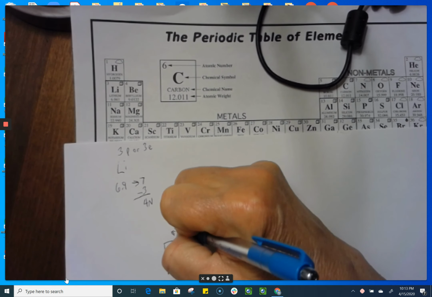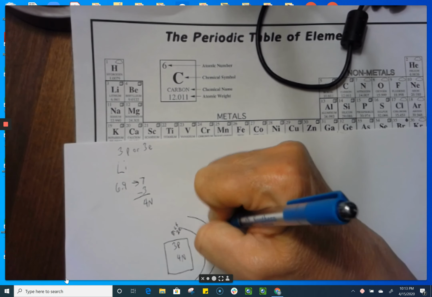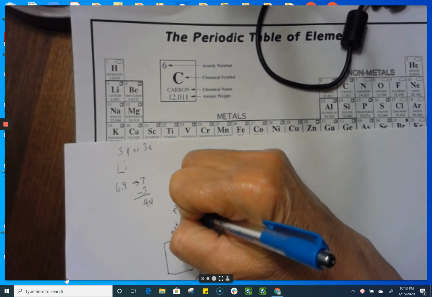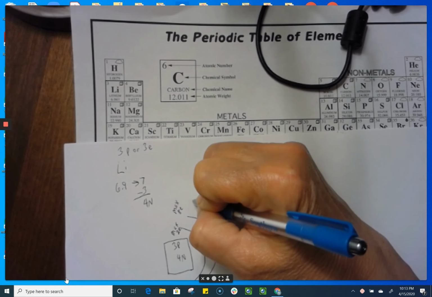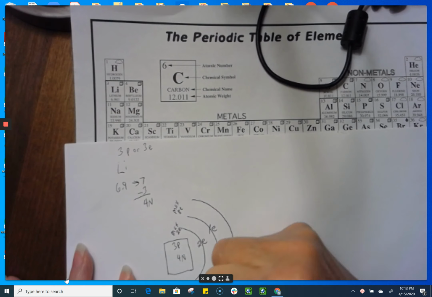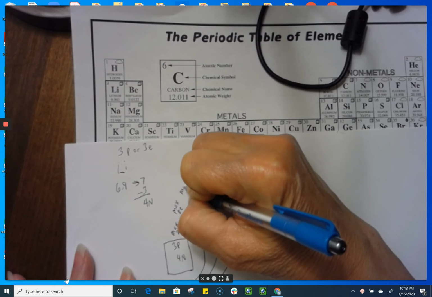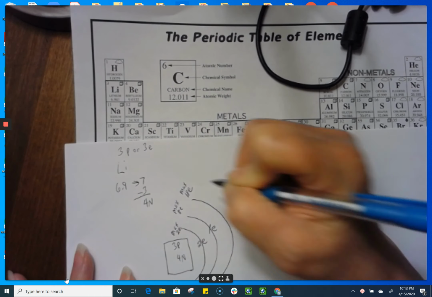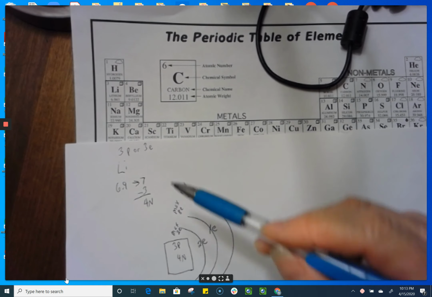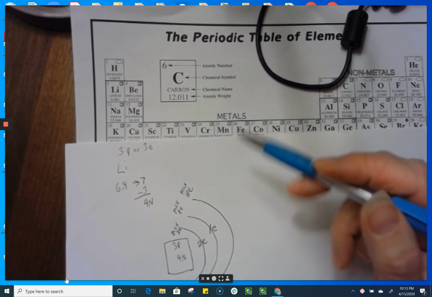This first energy level maxes out with 2 electrons. The second one maxes out with 8 electrons. And the third one maxes out with 18 electrons. But since lithium only has 3 electrons, we just put 2 and 1 there.